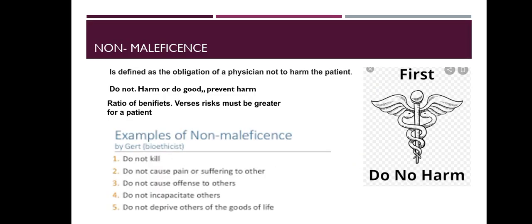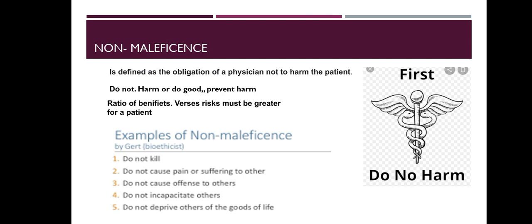The next pillar of principlism is non-maleficence. Non-maleficence is related to doctors, physicians, health providers, nurses, scientists, or researchers. The sign of non-maleficence is do not harm. It means that any action of medical health providers will not harm the patients in any way.